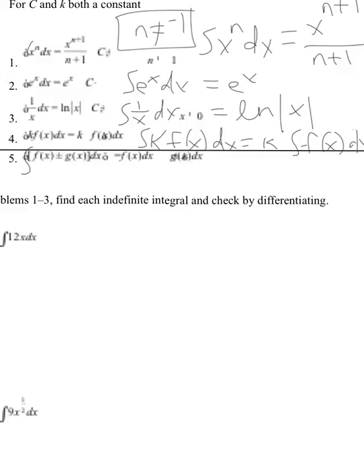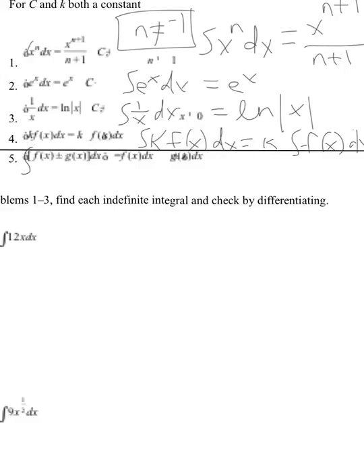Do you see a constant that is being multiplied times x? What's the number in front of the x? 12. Our rule number 4 up there said, if I have a constant that's being multiplied times my function that has x in it, I can kick it out.